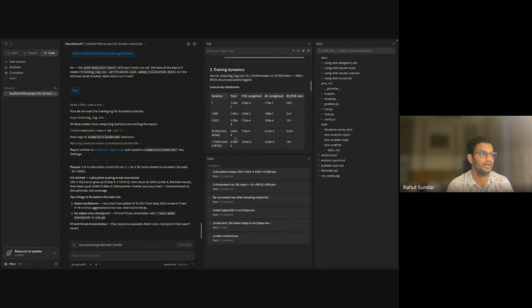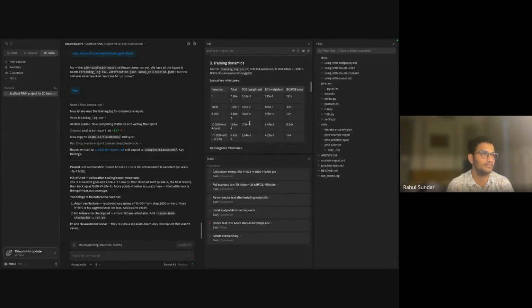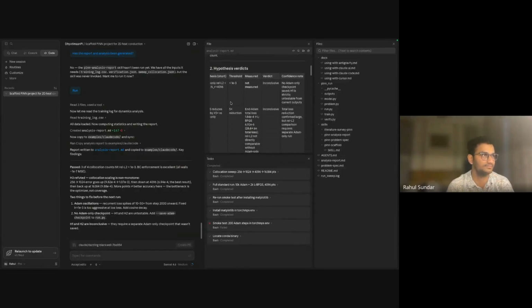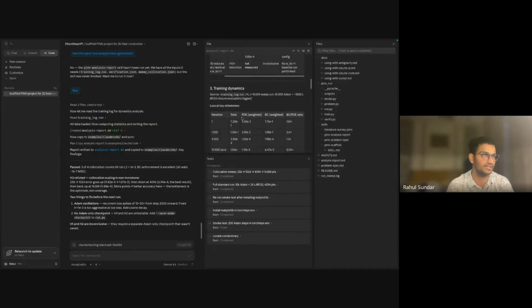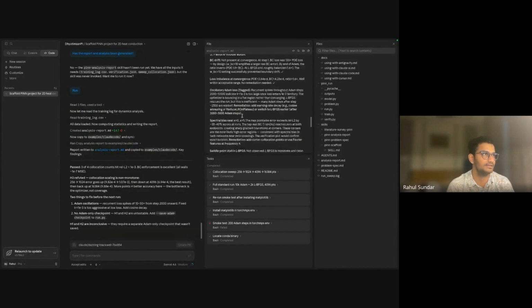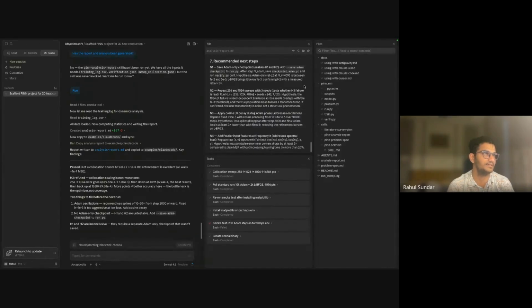So this was like how many iterations were used, what was the total loss, PDE loss, BC loss, PD ratio. And so this is what is helpful, because you can make very clear decisions. Okay, if this is not the case, what do I do next? Then it does some error analysis, and it comes back to your recommended next steps.